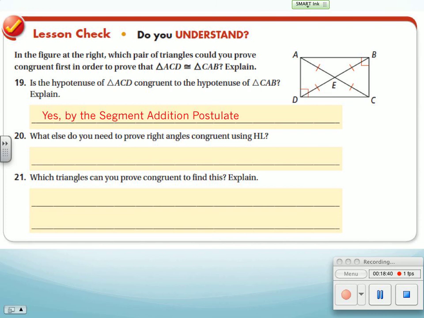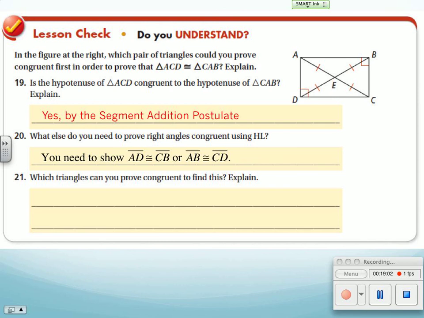So what else do we need to prove the right triangles are congruent using the hypotenuse leg theorem? We need to show that AD is congruent to CB, or AB is congruent to CD. It's obvious what we have here is a rectangle, so all our angles are 90 degrees, and we have nothing but a bunch of right triangles there.